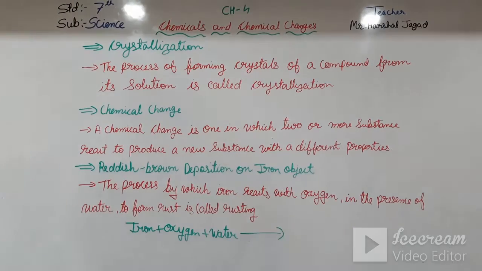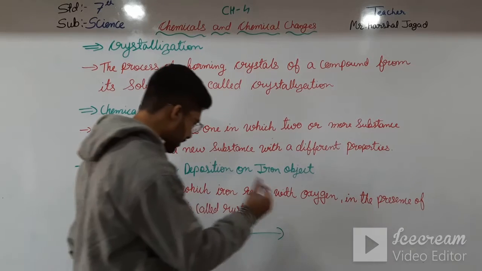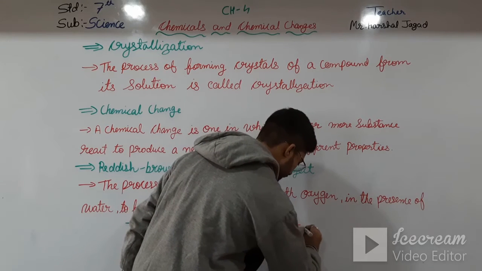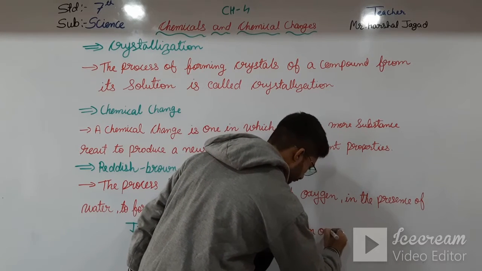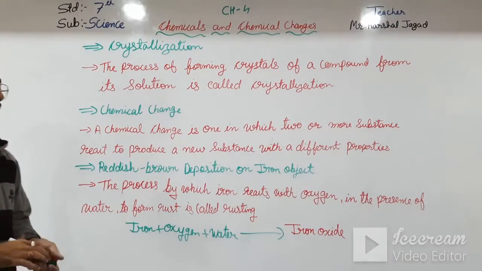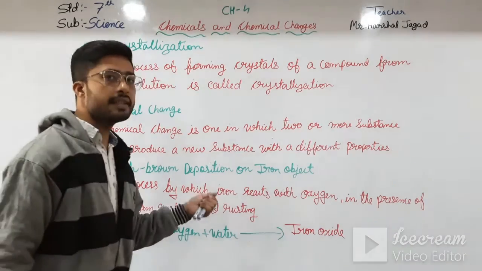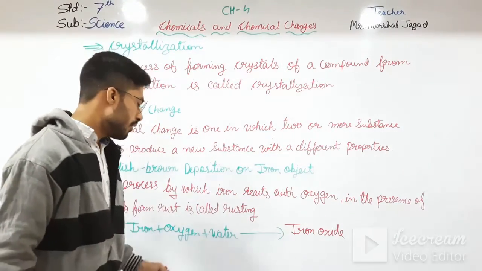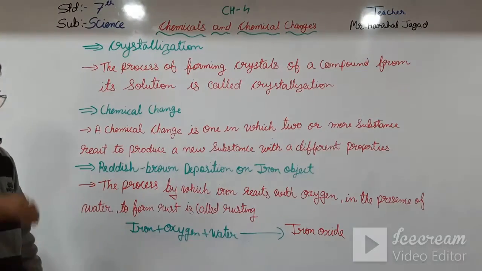A reaction is given in your textbook: iron oxide, which is known as rust. Iron oxide, which is also known as rust. Okay, then the iron oxide is formed.